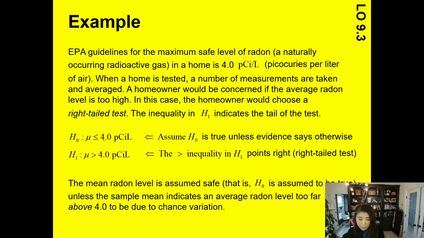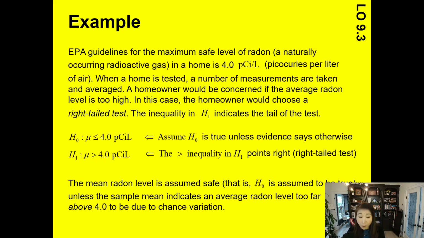You can see what I said about mu 0 before: mu 0 is always going to be replaced by the actual number you see in the question. We assume H0 is true unless evidence says otherwise. Since the homeowner is worried about the level being higher than 4, what they try to figure out is whether mu is actually larger than 4. If so, they need to do something with their house.